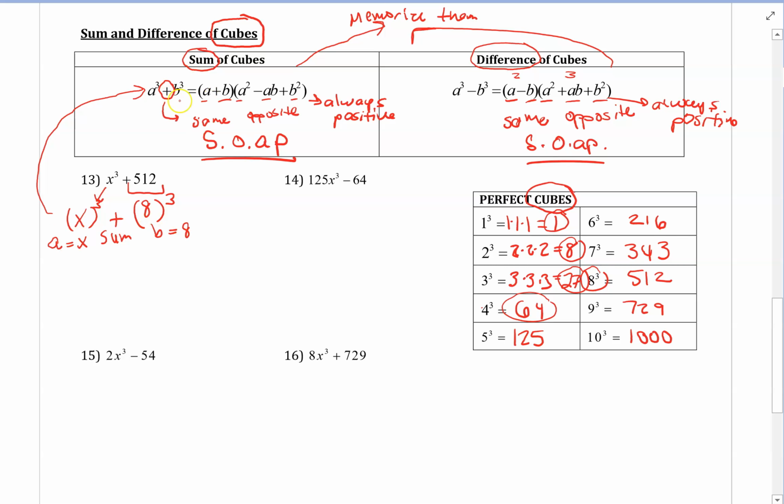So a and b are always the cube roots of a cubed and b cubed. And then I just plug them into the formula. So here it would be x plus 8. The first sign will match. This is a sum, so the binomial will be a sum. Then I square x. Then this sign is opposite. And I just multiply 8 and x.